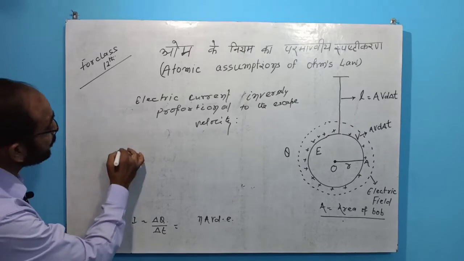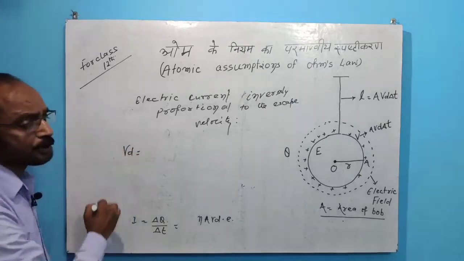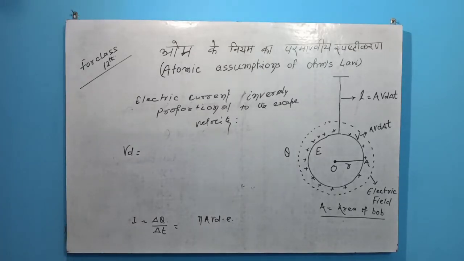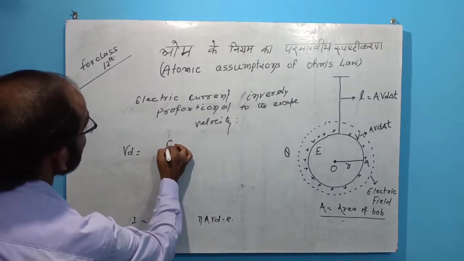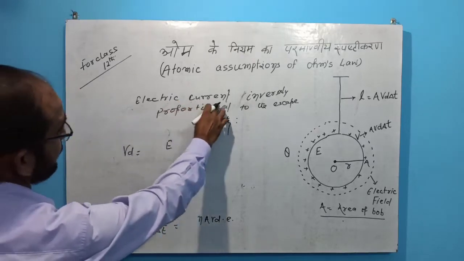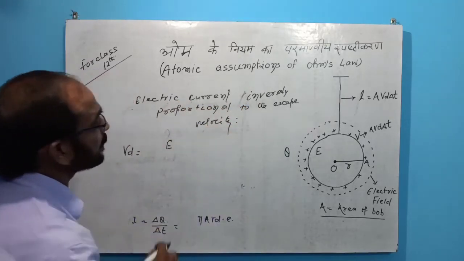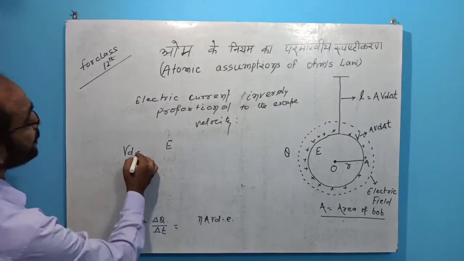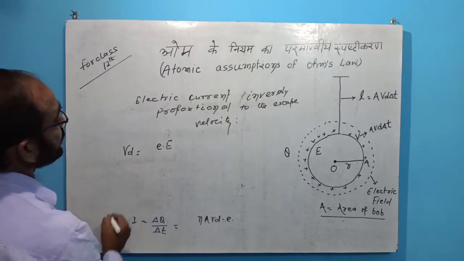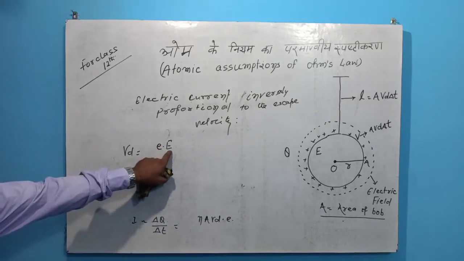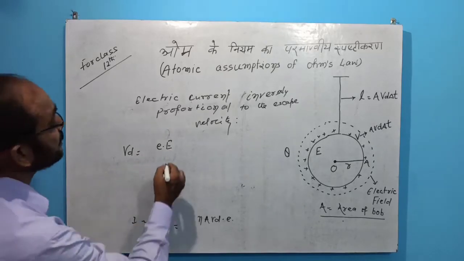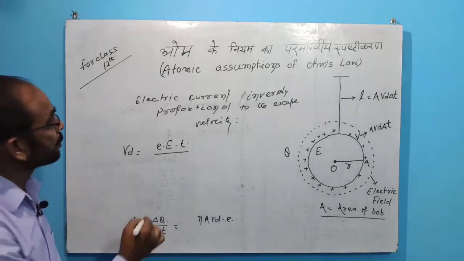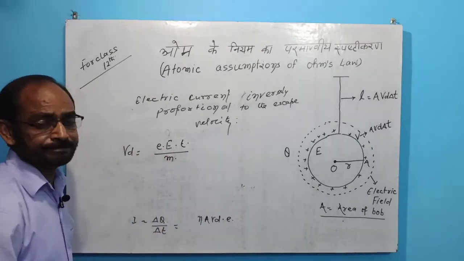Therefore, Vd, with electric current inversely proportional to the escape velocity, is Vd equal to E, this E is intensity, and time T upon mass of the object.